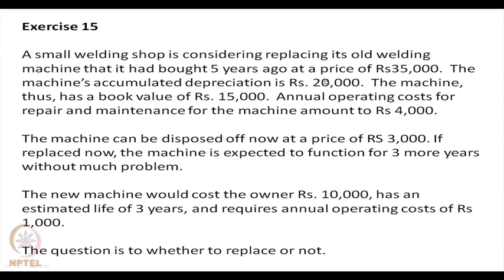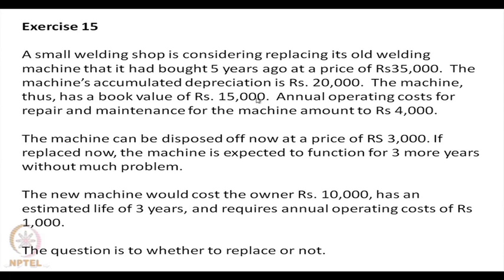So, subtracting the accumulated depreciation from the purchase price, the present book value of the machine is 15,000. We shall study more on depreciation later, but for the time being we assume that the depreciation in the last 5 years is rupees 20,000.